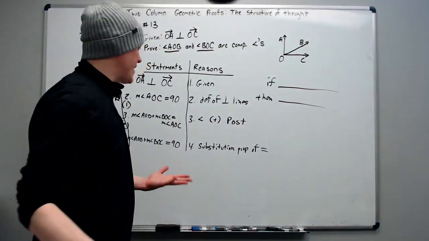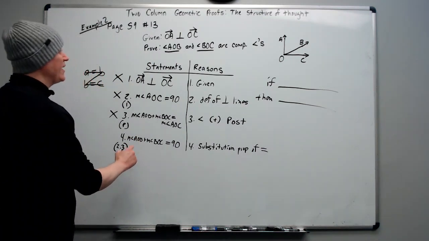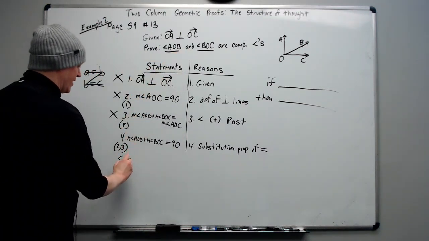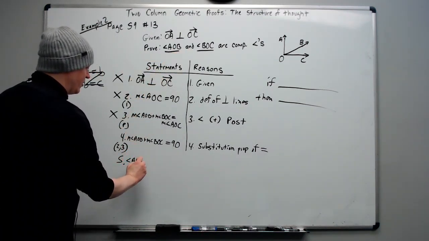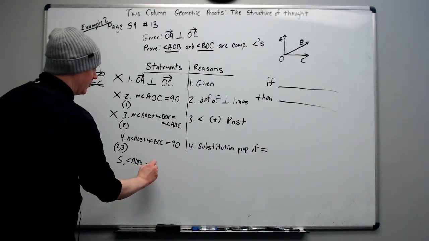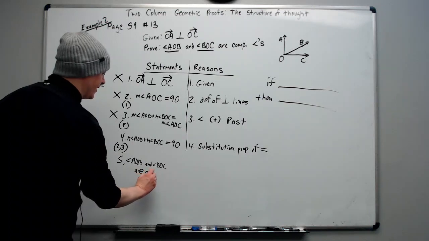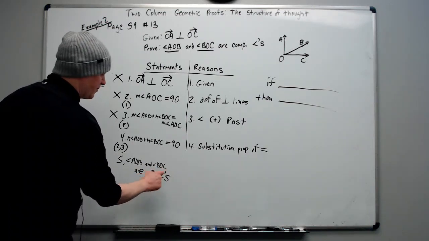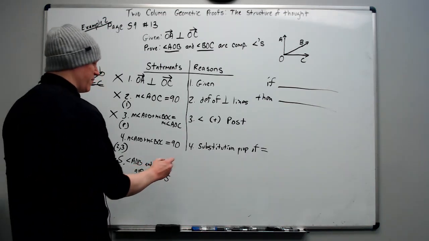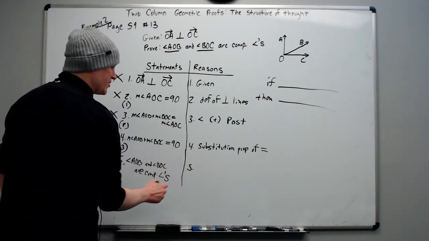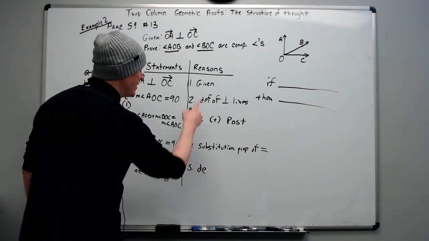That is the very definition. It's version B, and we can now say what we were trying to prove, that angle AOB and angle BOC are complementary angles. You can abbreviate complementary COMP for most teachers. And since we use the definition, that's the reason.